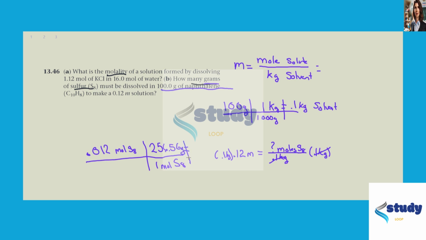And let's total that up. We're going to take 0.012 times 256.56, and that's going to give us exactly what we're looking for, 3.08 grams of S8.